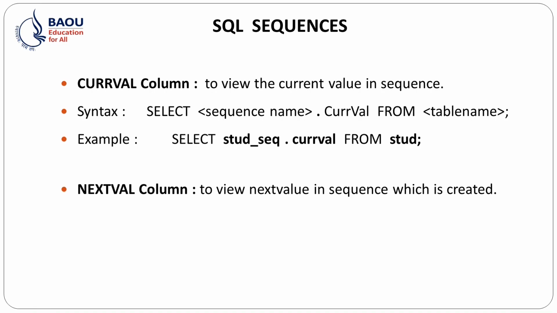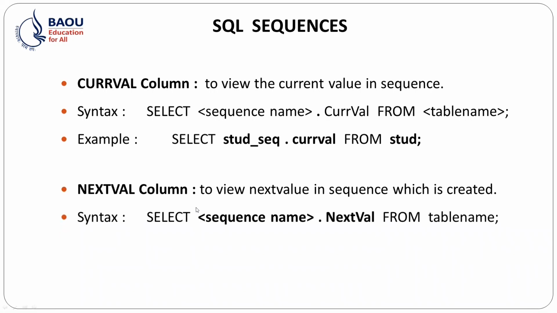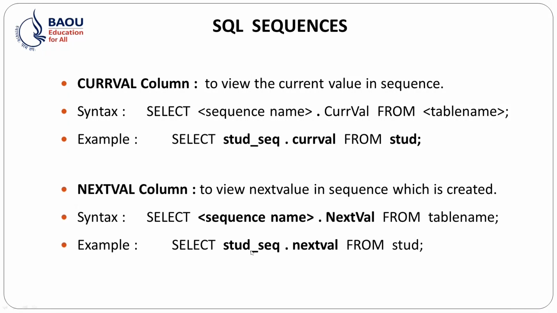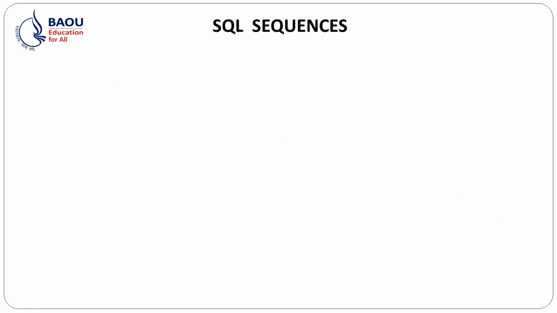This is the method to view the next numeric value which is generated by the system. Okay, and next value is the next generated value. The syntax is select sequence name dot next val from table name. The example is select sequence name dot next val from student.